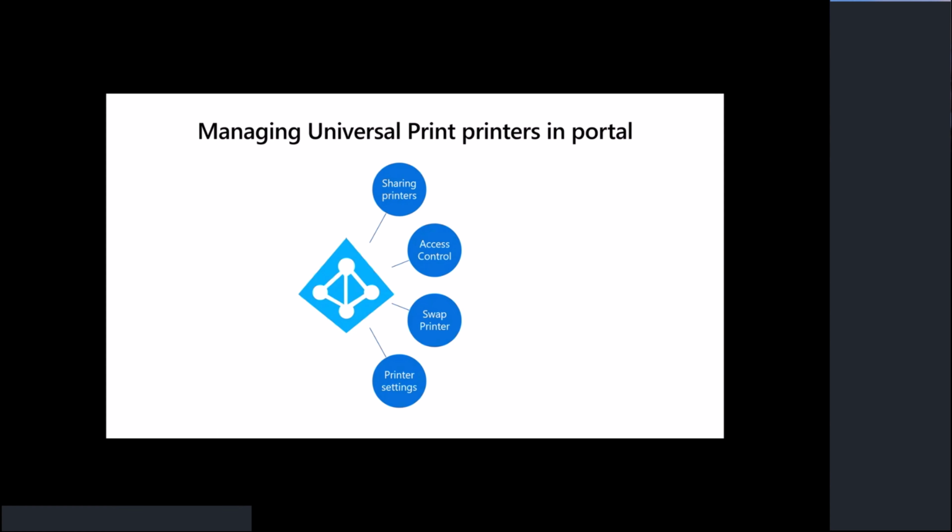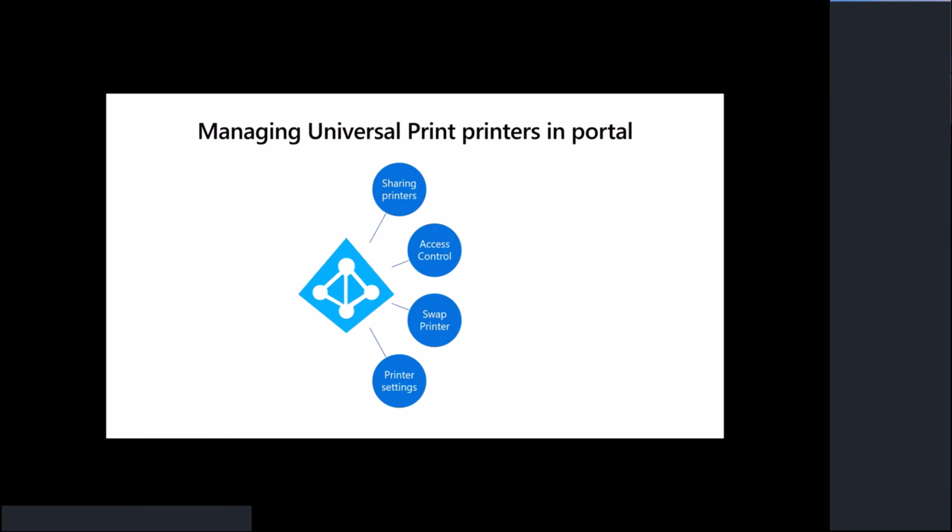We do have an option because the share endpoint is completely independent of the printer and the printer's endpoint that the connector would use on its end. If you need to change or service a printer or something like that, you can register the new printer and then do a swap printer and have the share now serviced by a different printer.